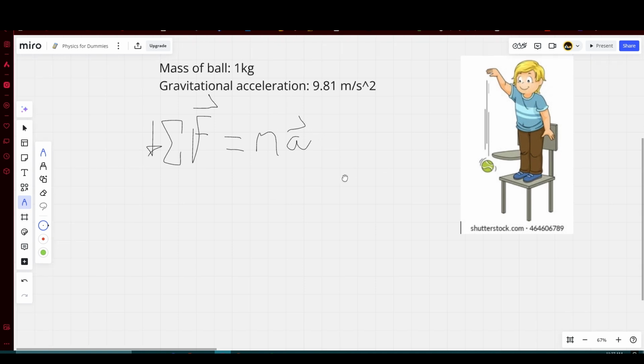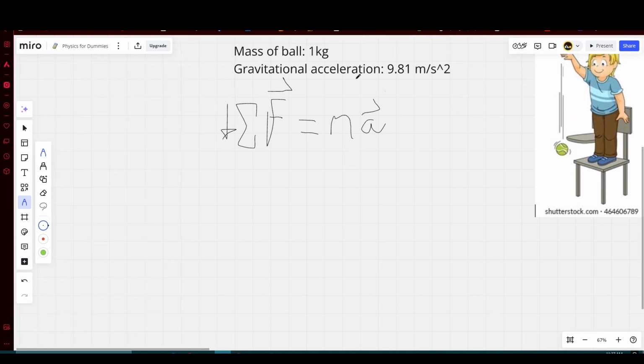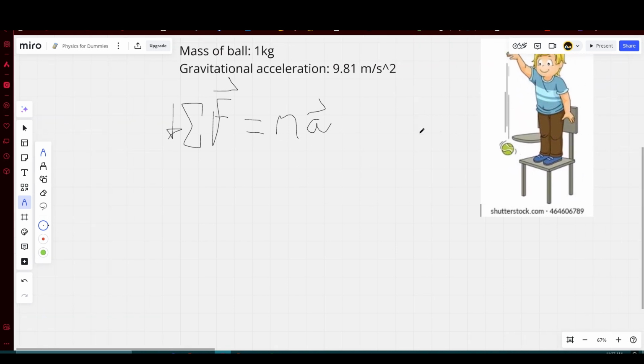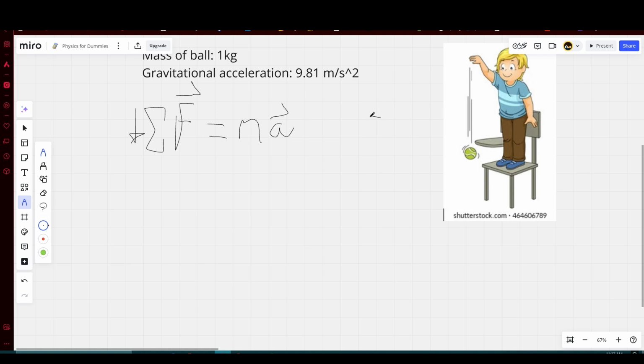So anyway, let's draw its FBD first. I should have done that. Anyway, the ball, and here's its FBD. There's only gravity acting on this object. FG. Remember, vector sign because it has direction.